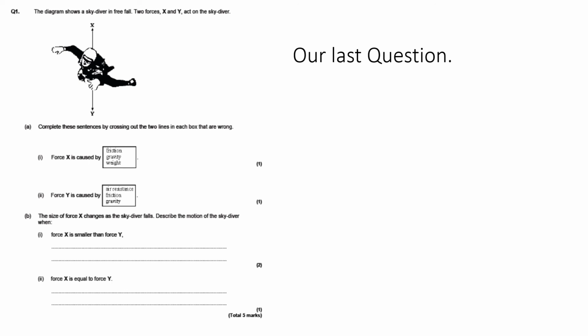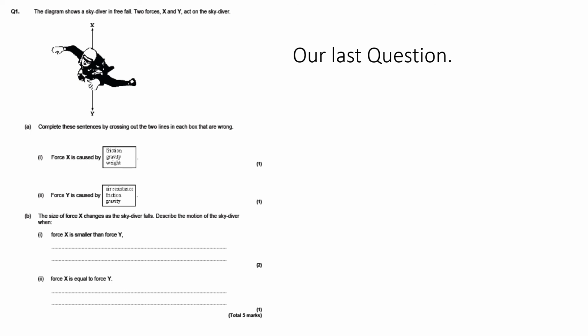You've got force X is caused by, force Y is caused by, and then you've got to cross out the ones that are wrong. Question B, the size of force X changes as the skydiver falls. Describe the motion of the skydiver when force X is smaller than force Y, force X is equal to force Y. Let's have a look.